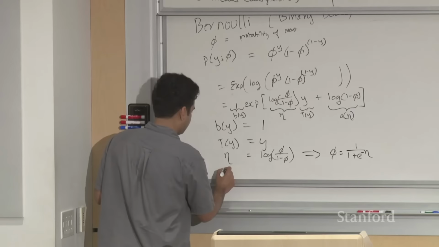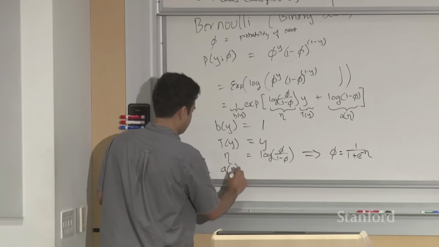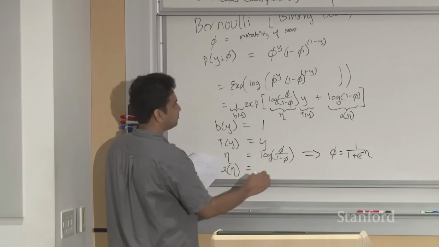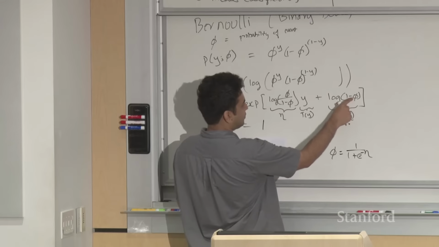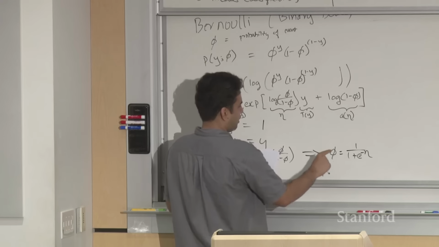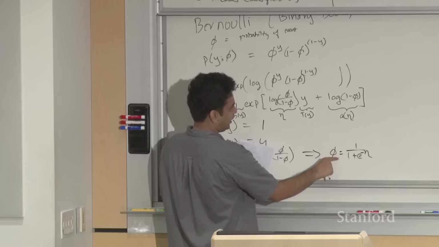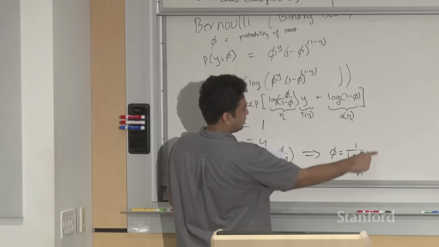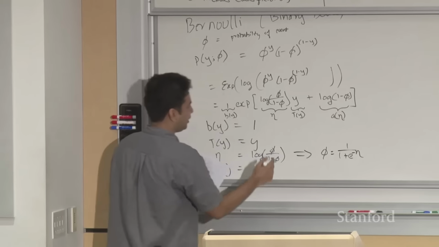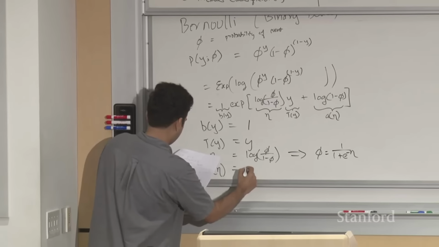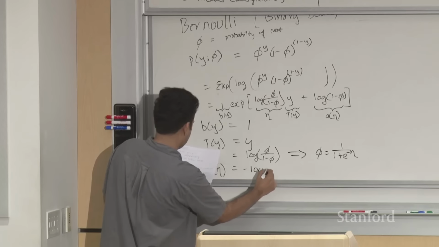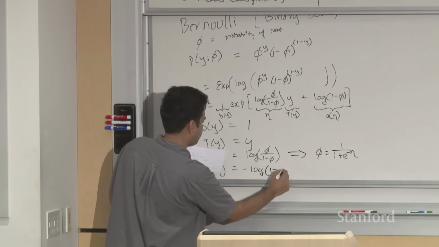And A of eta: here we have it as a function of phi, but we got an expression for phi in terms of eta. So you can plug this expression in here, with a change of minus sign. Let me work this out. It's going to be minus log of 1 minus phi.